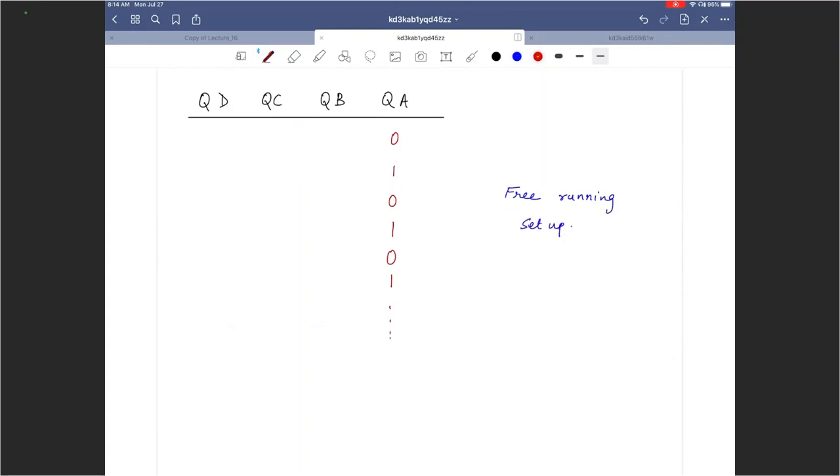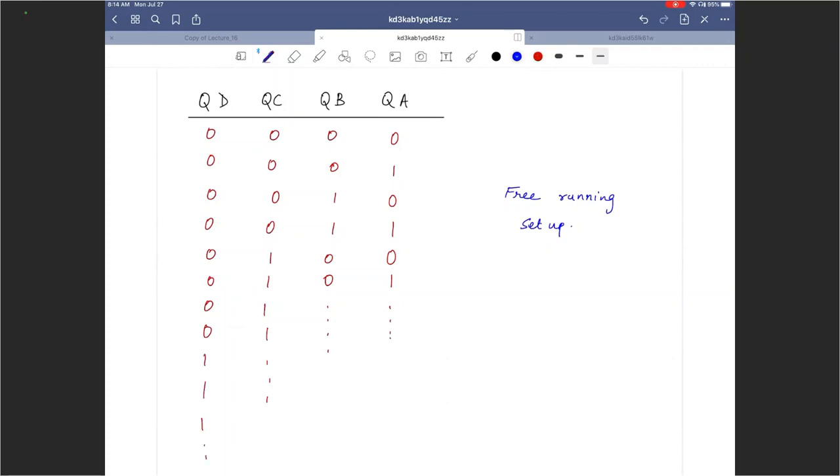QA, the least significant output, is going to alternate every positive edge. QB is going to be half the speed. QC is going to be half the speed of that, 4 zeros, 4 ones, and so on. And then QD, of course, is going to be the most significant bit with 8 zeros and 8 ones.